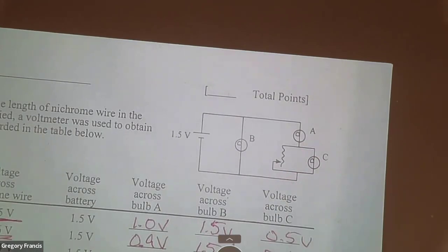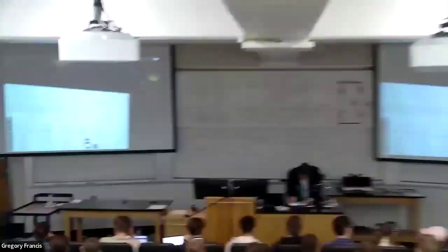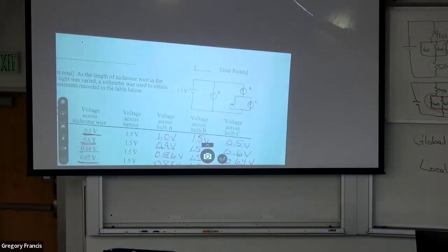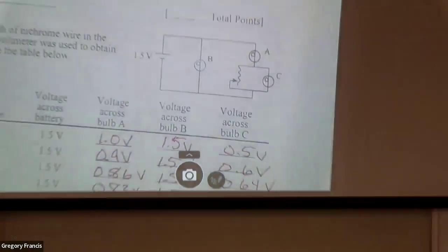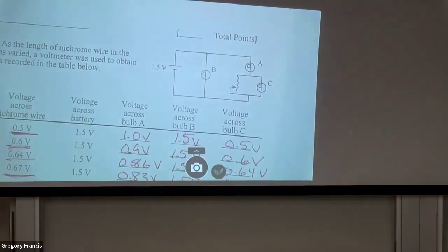C. Okay. And so the voltage across A is going to be 0.75. The voltage across C is going to be 0.75. And the voltage across the nichrome has to be the same as the voltage across C, which would be 0.75.